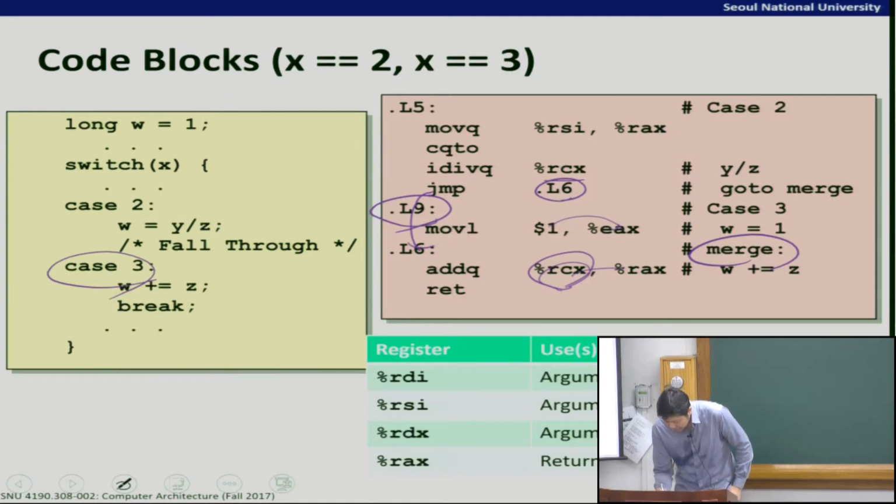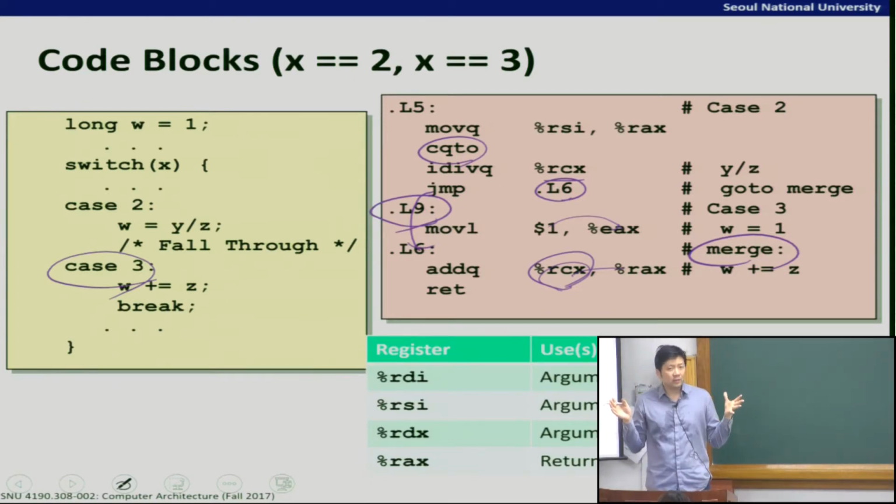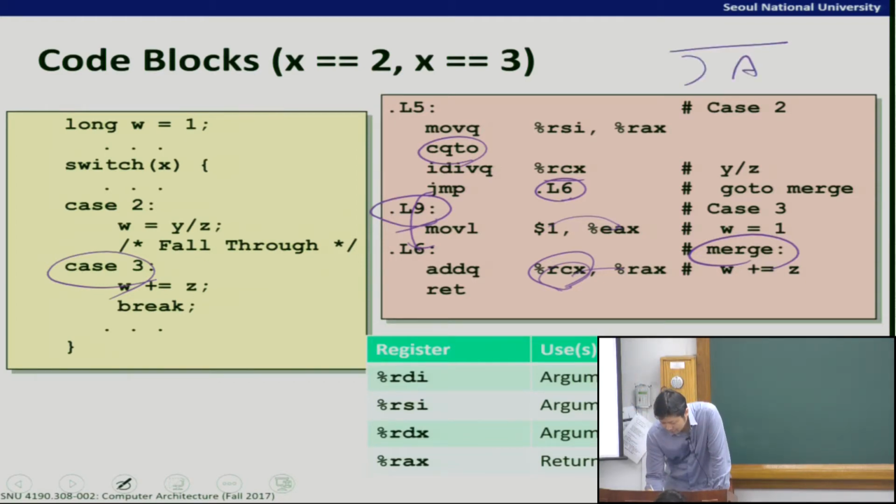By the way, this CQTO, convert to octword, is a necessary instruction for using division, because in Intel x86 architecture, when you divide, your dividend is actually 128 bits, and the divider is 64 bits. So let's say you divide A by B. This is the dividend, this is the divider, right?